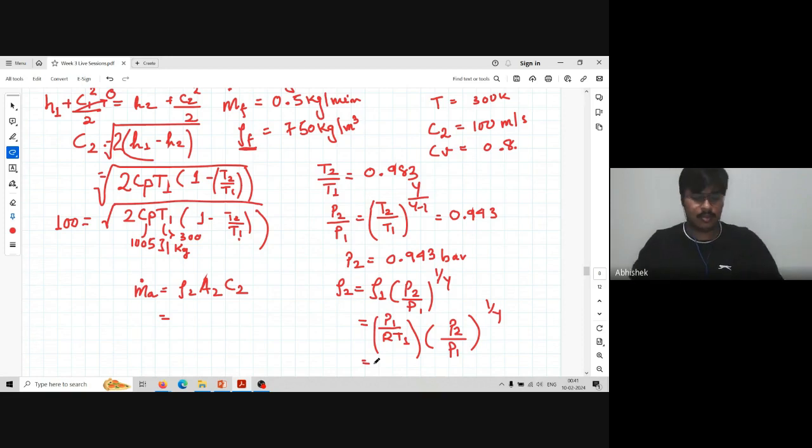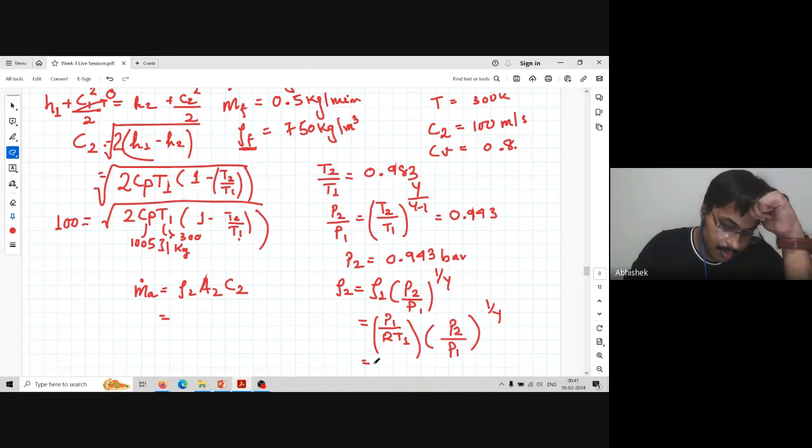P1 is 1 bar, so you have to take it in kilopascal: 100 divided by 8.314 divided by 300. This is the gas constant, so you have to multiply by 29. 1.16 is coming, rho 1 is 1.16 kg per meter cube. What is P2 by P1?